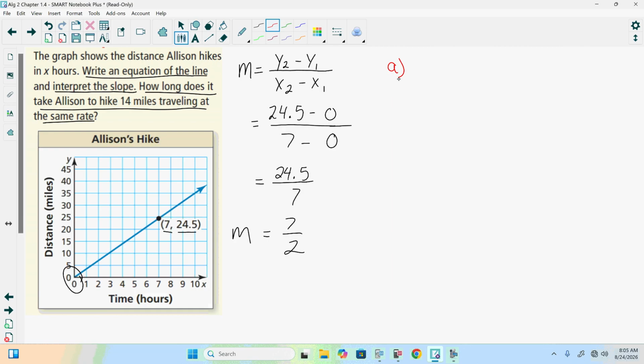We ready to interpret the slope? So our y values on top, the 7 is corresponding to our distance in miles. The x, the denominator, is referring to time in hours. So we could say for every 2 hours, she hikes what? 7 miles.